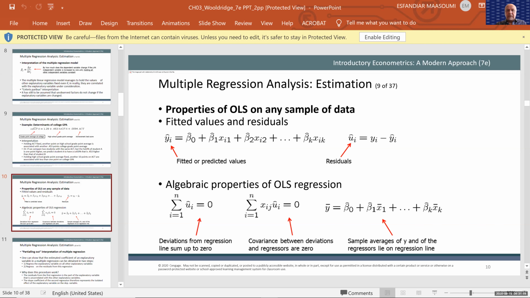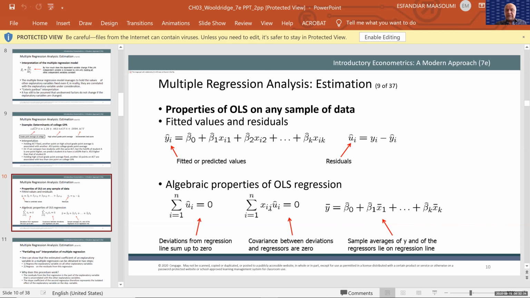Remember, this is exactly what we had for bivariate regression. Given that there is an intercept in this model, the sum of residuals still has to add up to 0. That's tantamount to saying y bar and x bars have to be on the regression line. Y bar and all the sample means will always be on the regression line that you fit if there is a beta 0. This other one is familiar too, right? Forget about the j. The sum of xi ui hat equal to 0 is what we had for bivariate regression.